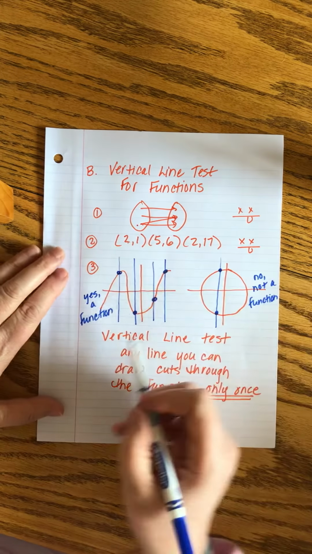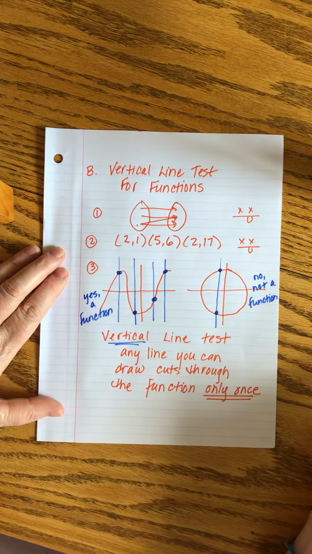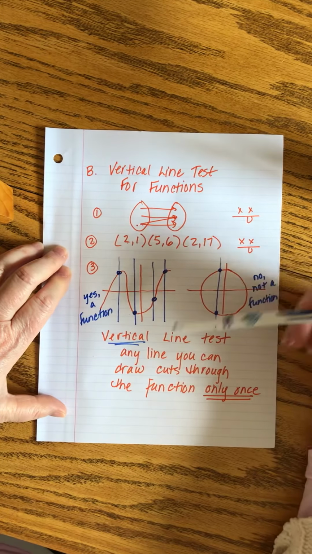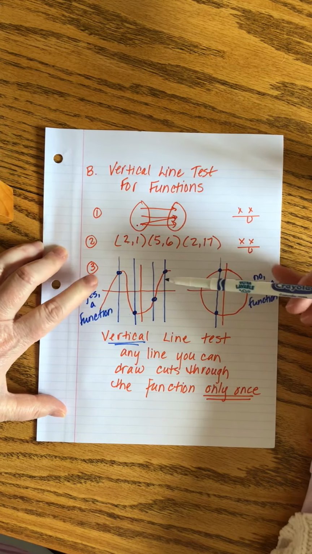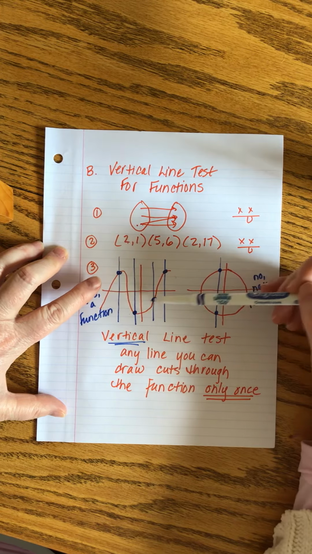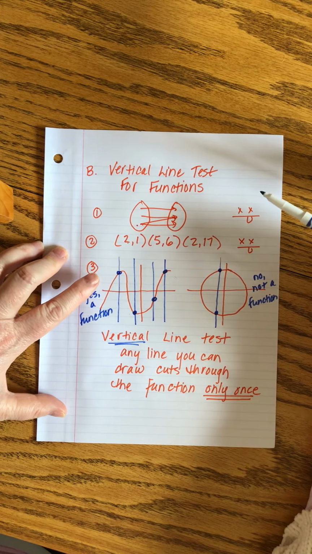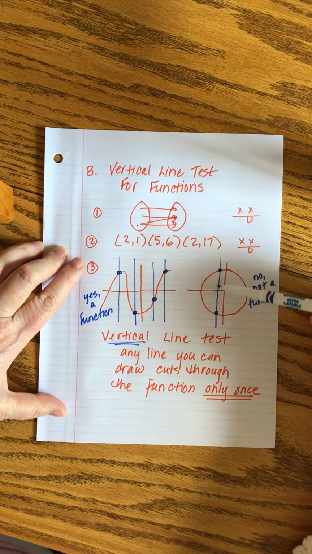And let me just remind you, it's vertical lines only, because if you went horizontally, you'd have drama. But it's only vertical lines, okay? So by drawing vertical lines, if those lines hit our function, intersect our function only at one point per line, then it's a function. If it intersects twice, no bueno.